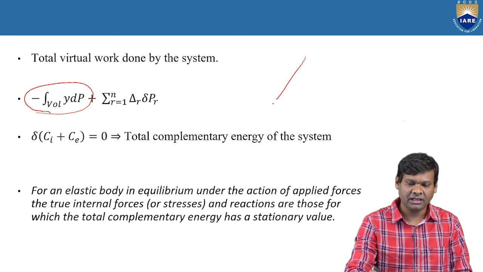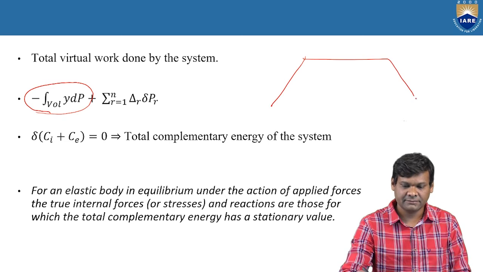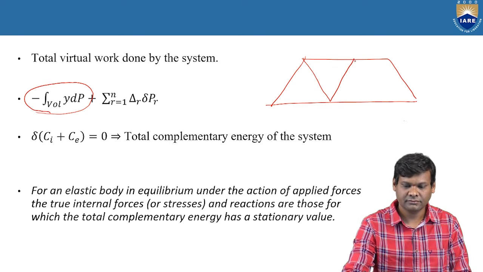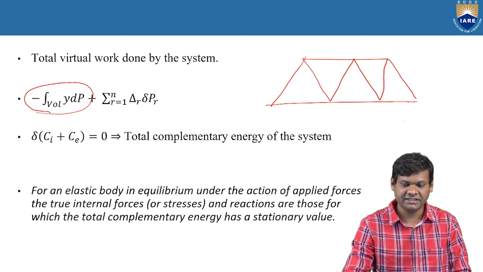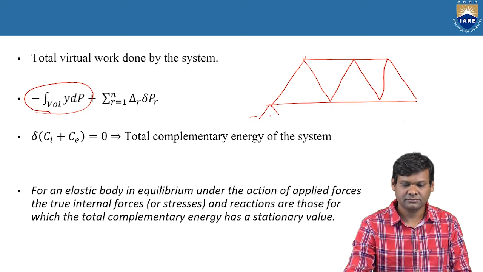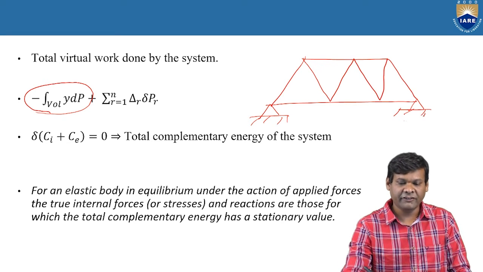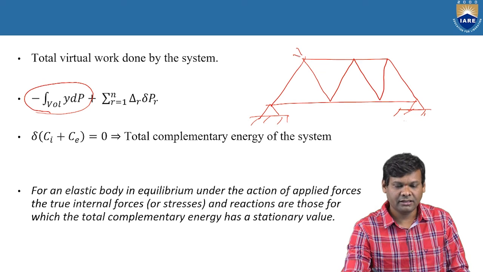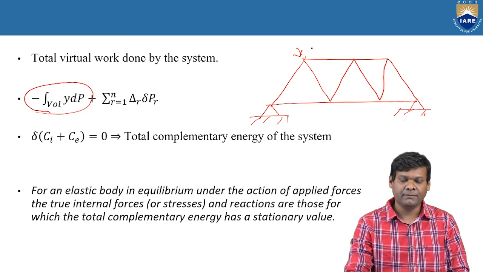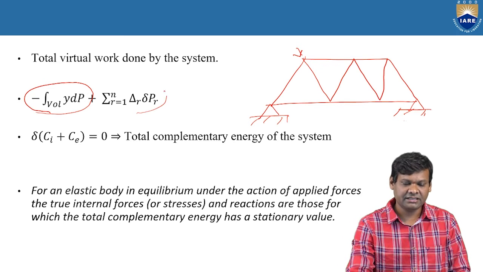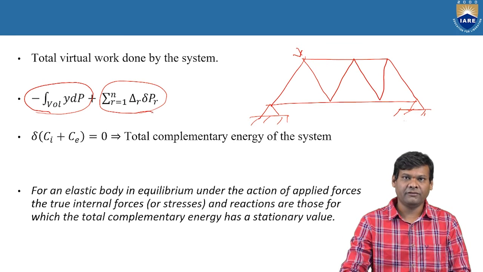For example, if we have drawn a truss like this, or simply saying it is something like a structural element, if we apply a load P, there is a magnitude of deflection of delta r. It represents the number of loads applied on a truss.